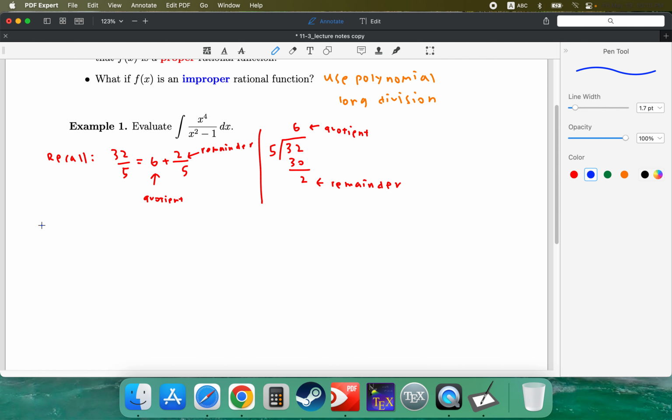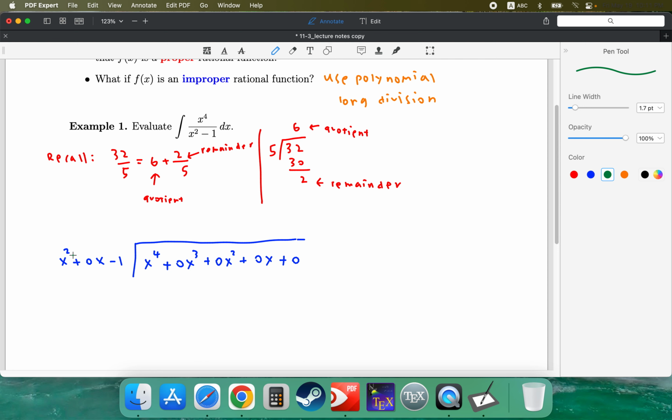So we will put x squared plus 0x minus 1 right here, and we want to divide x to the fourth by x squared plus 0x minus 1. Again, let me fill in the missing terms: 0x cubed, 0x squared, 0x, and 0.